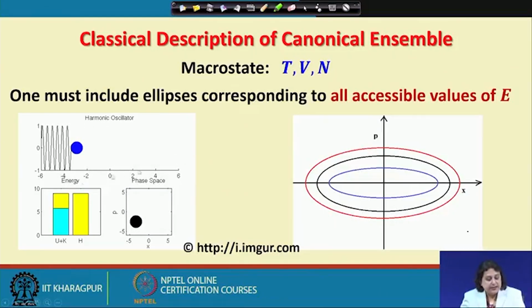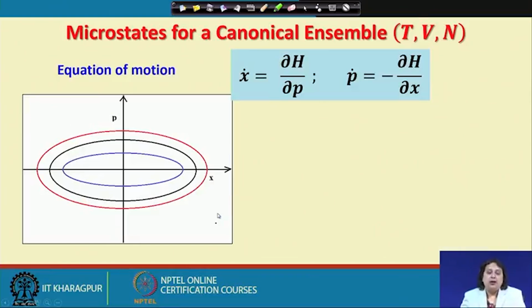What I find is that the total energy is going to fluctuate around an average value, and as a result the phase space once again is going to be traced out by an ellipse, but here it is going to be a thick ellipse, not a single ellipse, but a family of ellipses representing the range of energy values that are accessible to the system in order to keep the temperature constant.